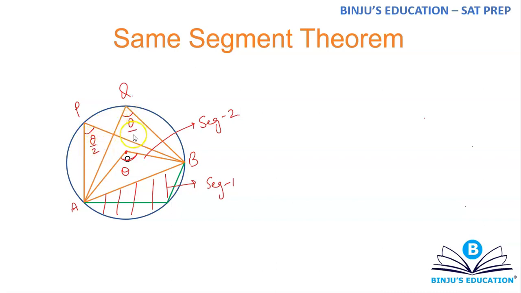This is what the theorem says. If a chord makes an angle theta at the center of the circle, then the same chord makes an angle of theta by 2 in the same segment of the circle, provided that the third point lies on the circumference of the circle.